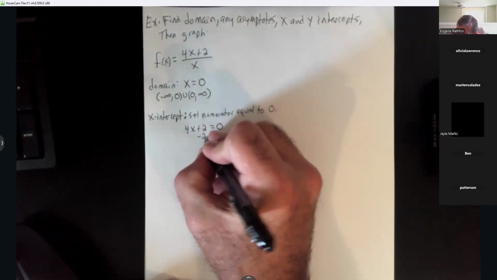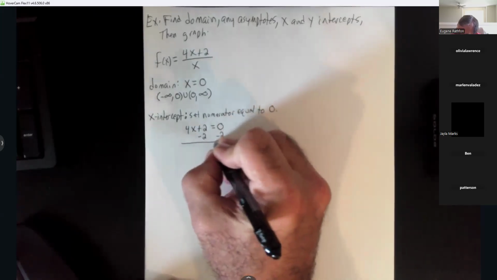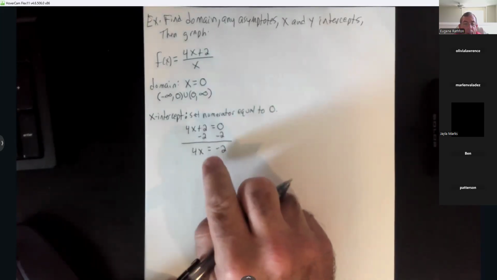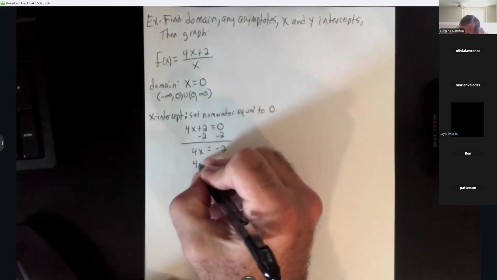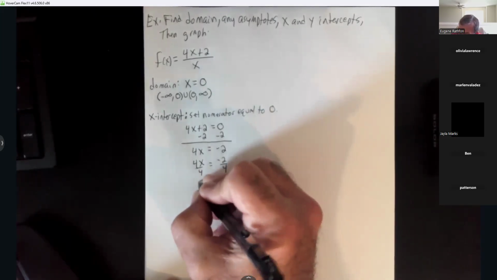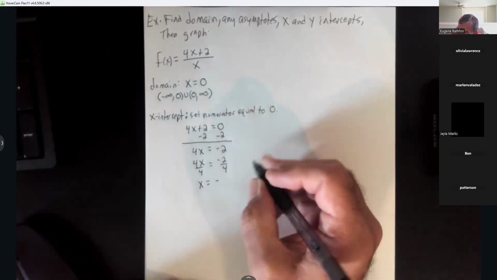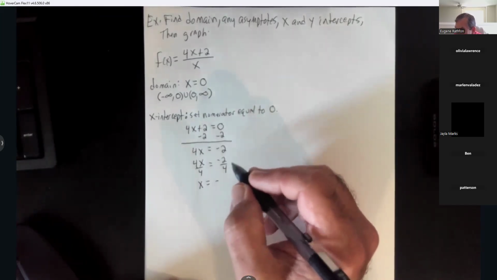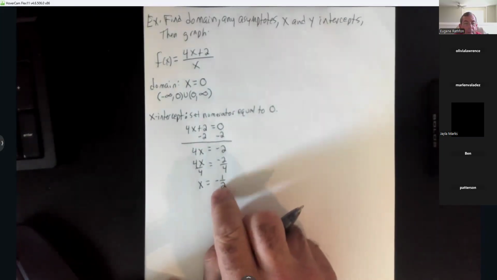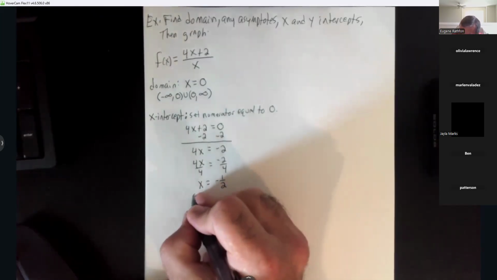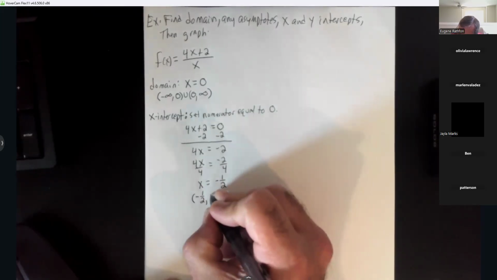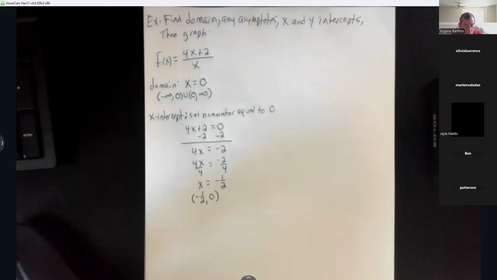Subtract 2. You're going to get 4x equals negative 2. And then divide both sides by 4. So that cancels, giving me x equals negative 2 fourths, which reduces to negative 1/2. Now, since it's an x-intercept, we have to put it in as an ordered pair. So negative 1/2 for the x, 0 for the y, okay?